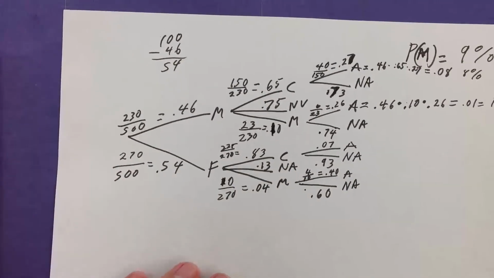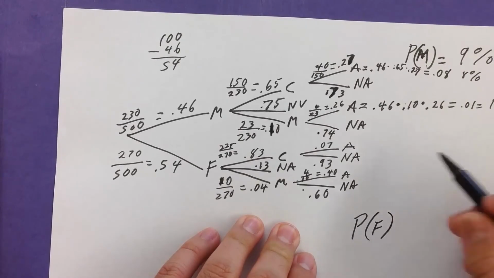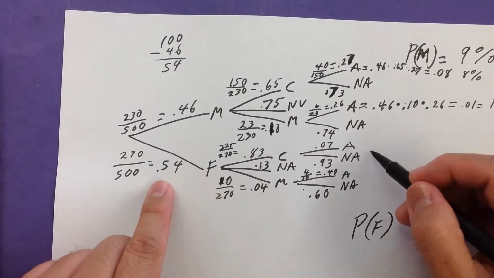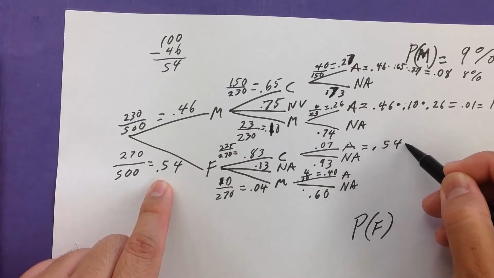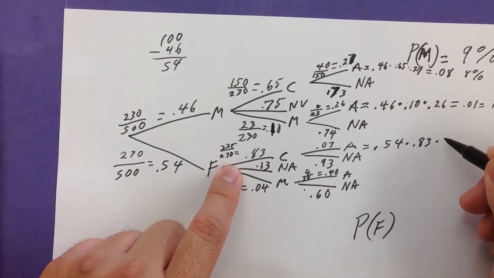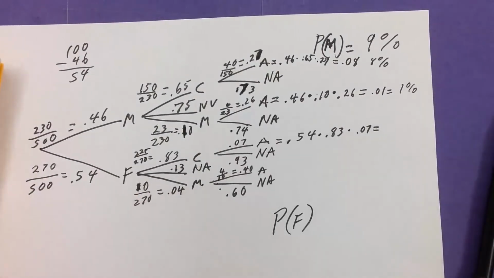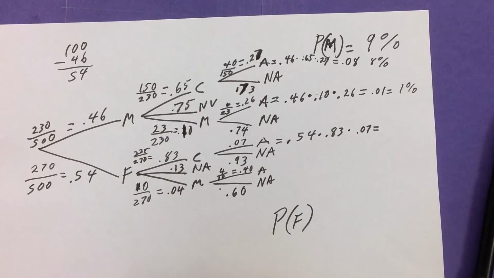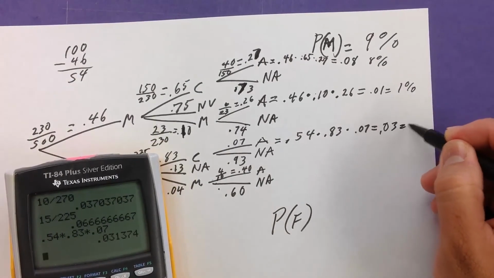We also do the same thing with the females. So probability that a female will get into an accident. Well, let's see. First we do the one for the cars for females, 0.54 times 0.83 times 0.07. I don't remember what this answer is off the top of my head. That's been a while. 0.54 times 0.83 times 0.07. That's going to be 0.03 or 3%.